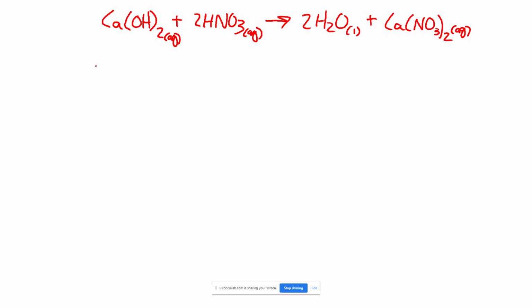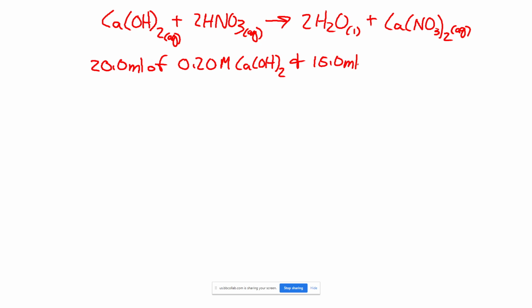So let's say we react 20 mL of 0.20 molar calcium hydroxide and 15 mL of 0.15 molar HNO3.